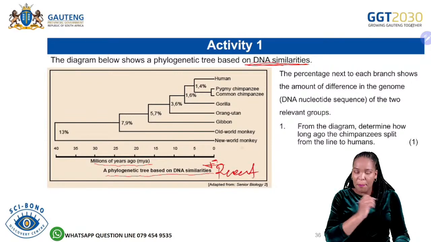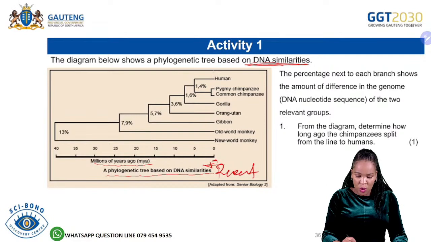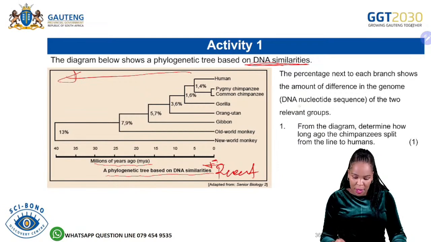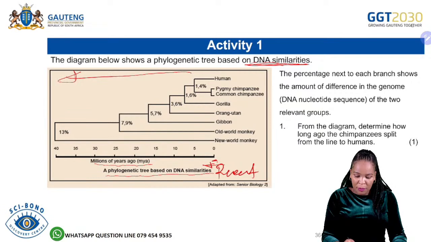Then we're going backwards. So it shows you which organisms are living in present times and which ones lived in the past. So we go back in time. When you interpret here, you're going to see that the humans and the common chimpanzees, the similarities is 1.4%, the humans and the gorillas 1.6. That's how you read your phylogenetic tree.